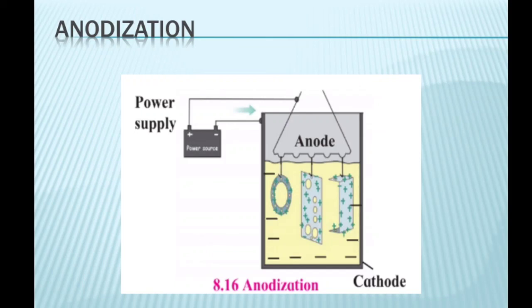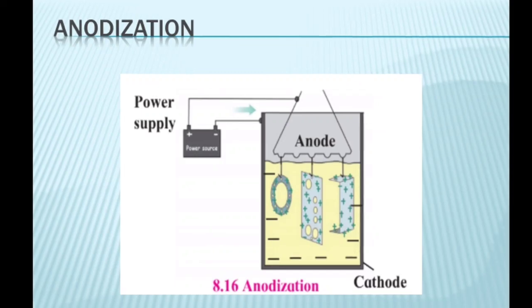For example, when aluminium is anodized, a thin layer of aluminium oxide is formed. It obstructs the contact of aluminium with oxygen and water. This prevents further oxidation. This protection can be further increased by making the oxide layer thicker during the process of anodization.